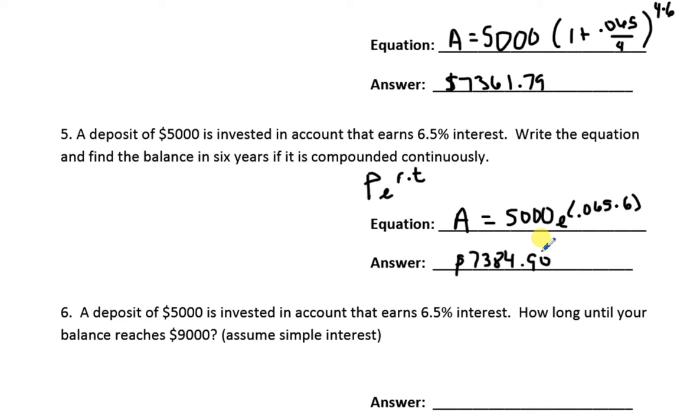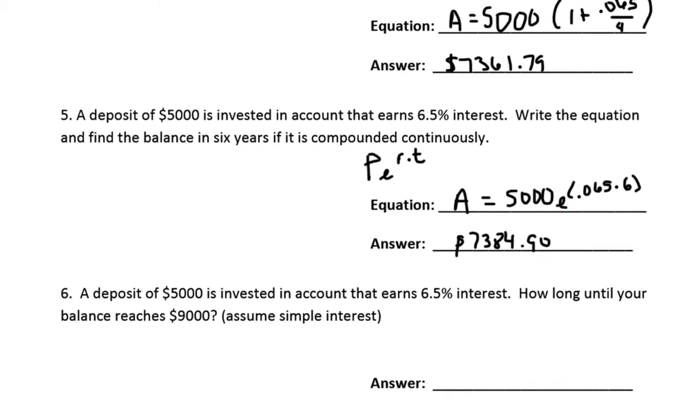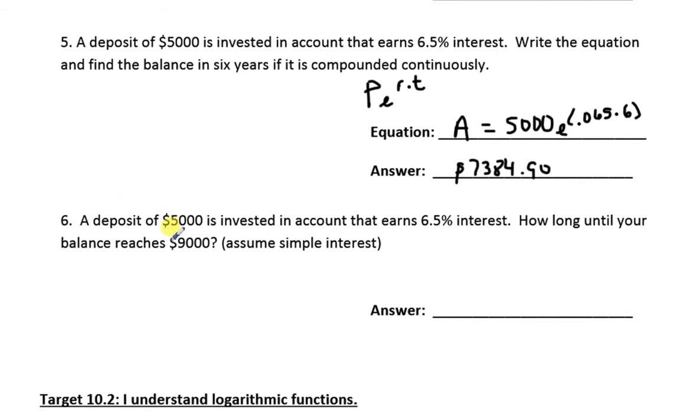Now, if you look at this next problem, same thing. We're starting with $5,000, but they're asking us to find t. How long is it going to take until we have $9,000? So it's going to be a little bit more than 6 years because we're only at 7,000 here after 6 years. In simple interest, we were at like 7,200 if I remember right.